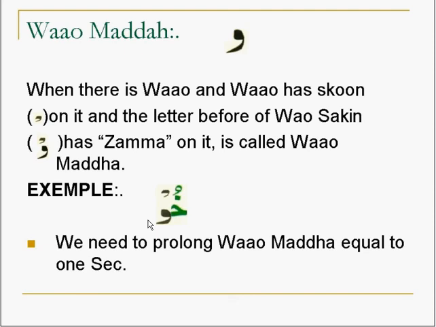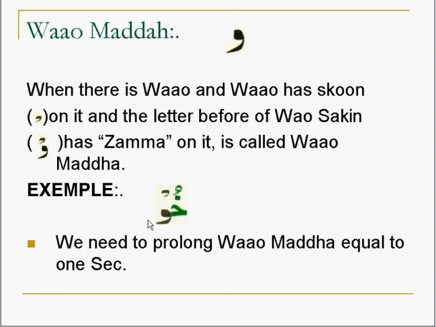We can take any letter. When waw madda comes, we'll apply the same rule. We need to prolong the waw equal to one second or one alif. Khu, bu, ma, cool. So these were some examples of the waw madda.